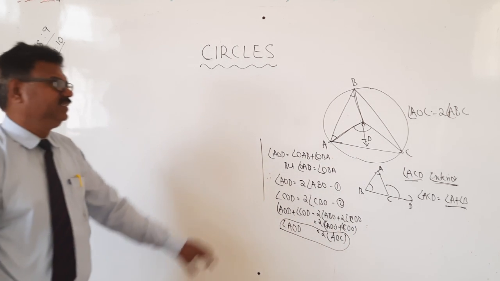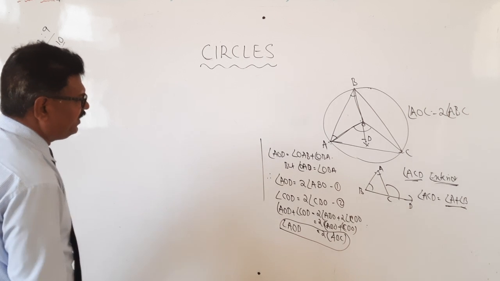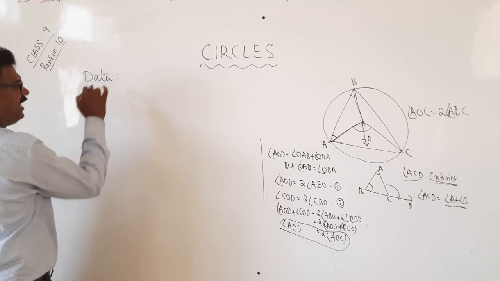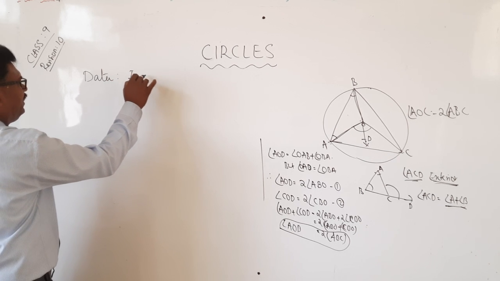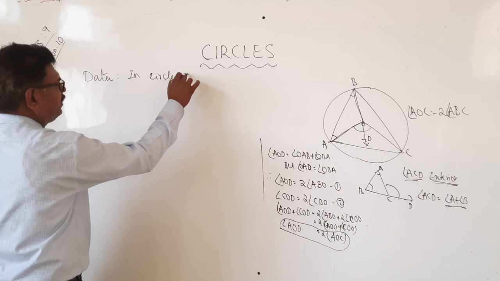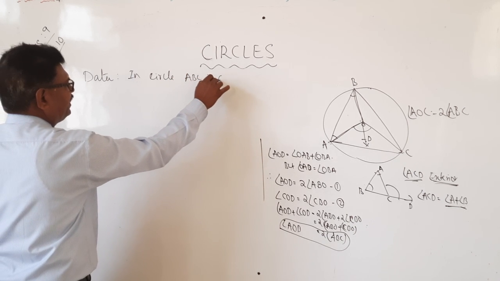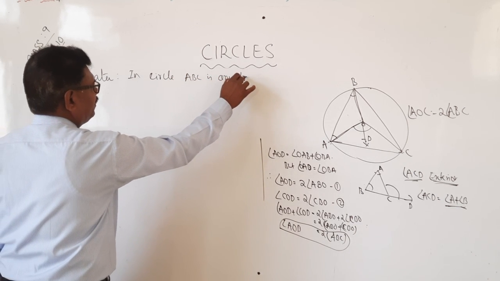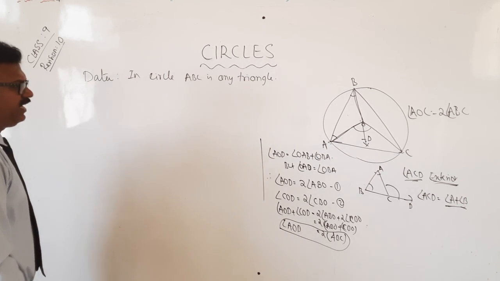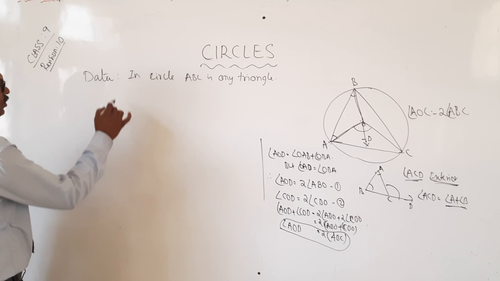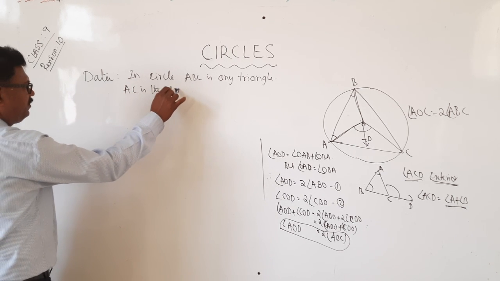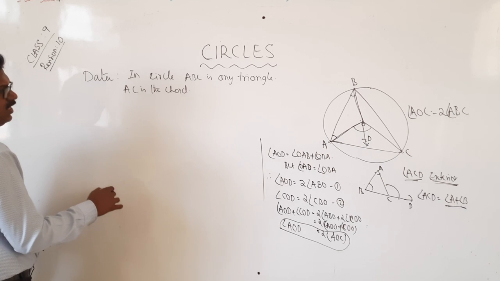You understand? I will tell the proof very simply, in a very neat way. Now, what is the data? In a circle, ABC is any triangle. AC is the chord.